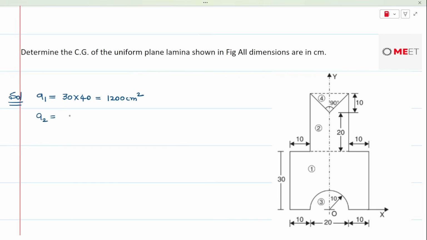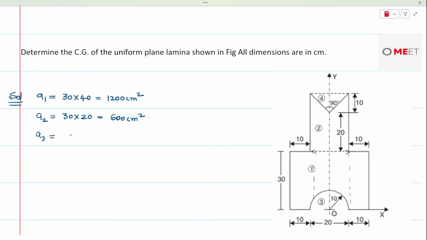A2 will be equal to, height of A2 is once again 30 and base is 20 centimeters. If we extend this, it will be 20 centimeters. So that is 30 into 20, which is equal to 600 centimeters square.